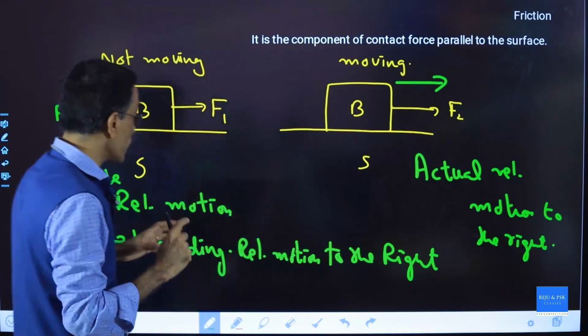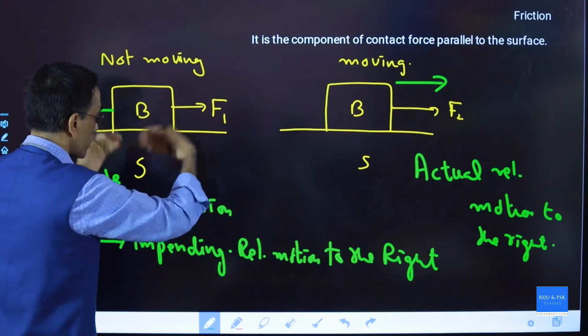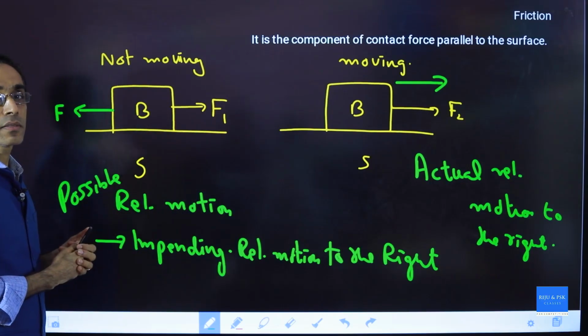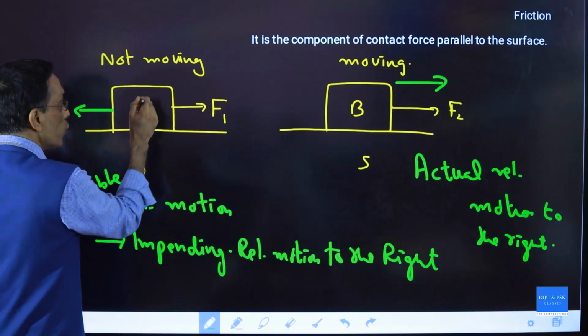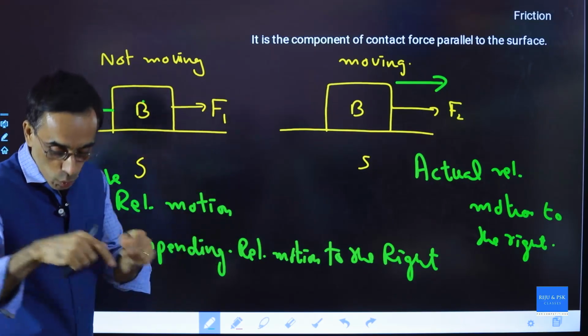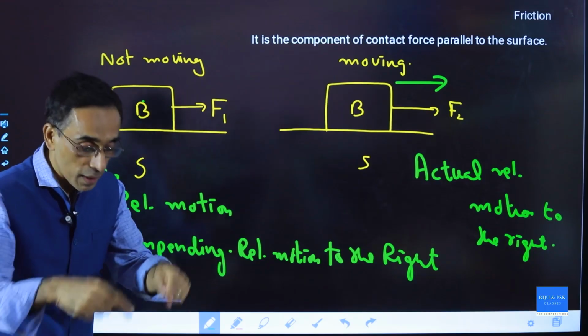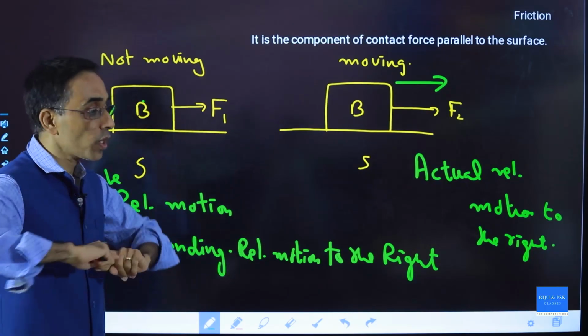I will tell you the meaning of relative motion. Listen carefully. B is moving to the right with respect to S. That means, if you look from B at the surface, like when you are traveling in a car and look at the ground, the ground moves backward and you are moving forward.